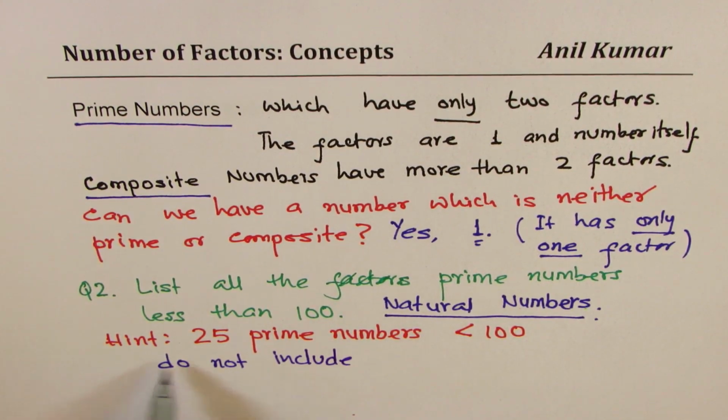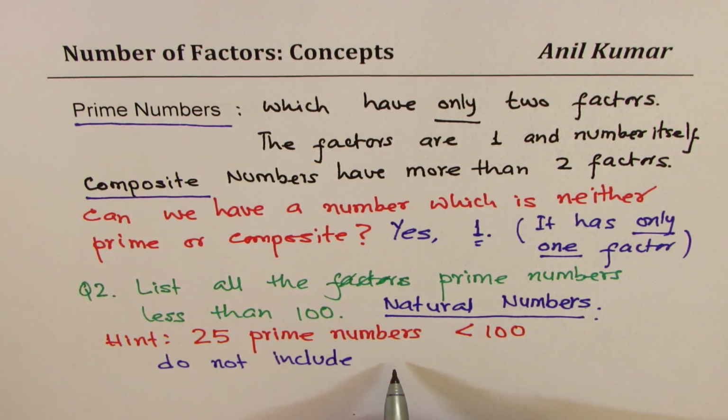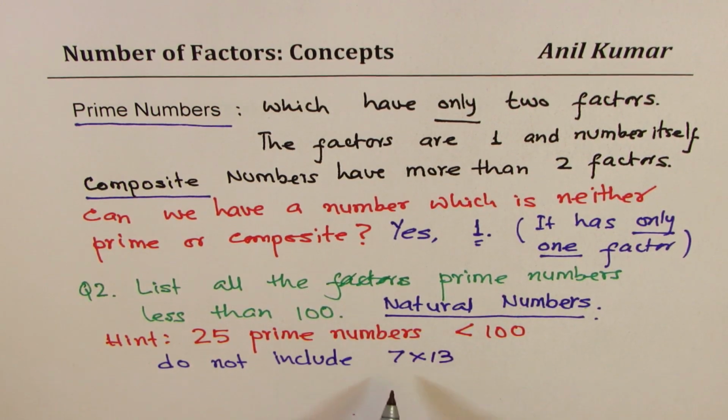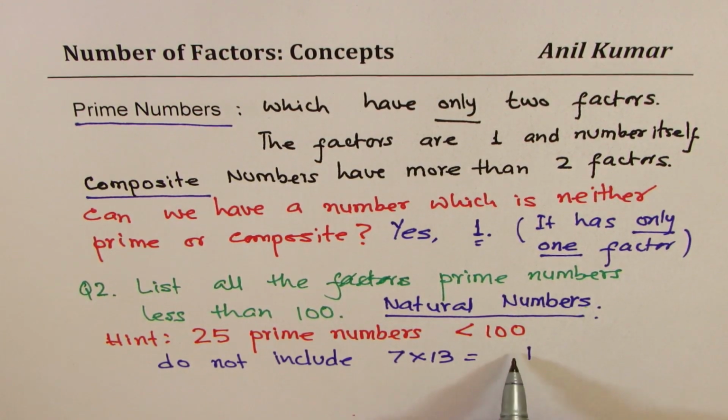So read this part after you make your list, right? Do not include numbers like 7 times 13. Do you understand? So if I do 7 times 13, what do I get? 7 times 3 is 21, and so 91. So 91 is not prime.